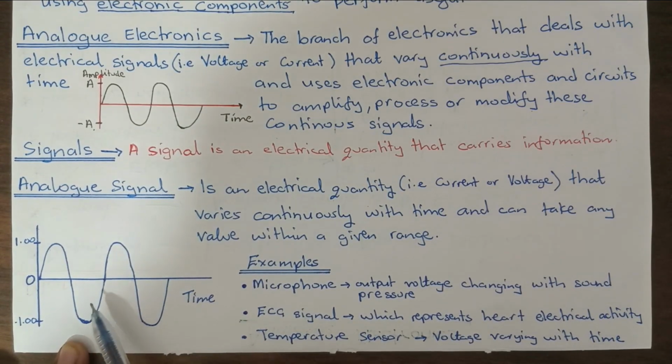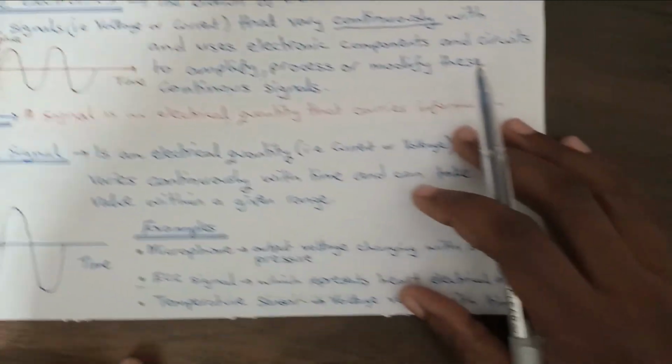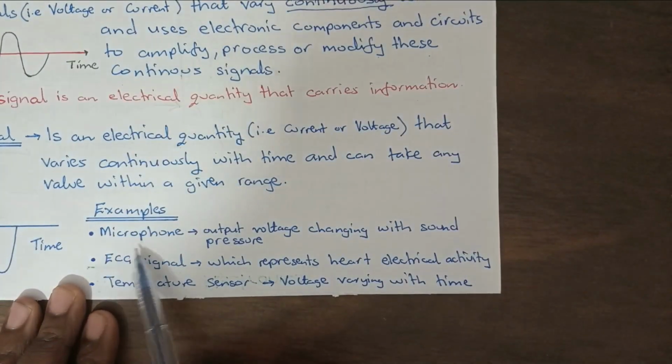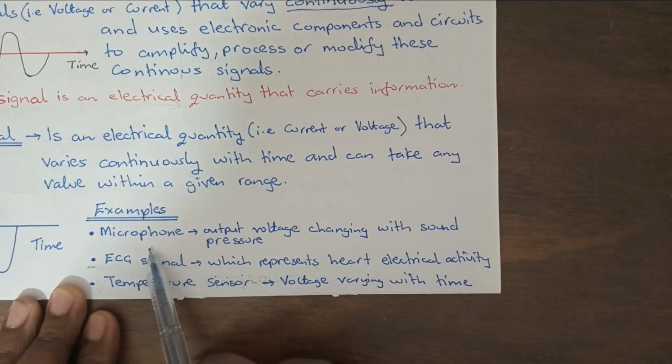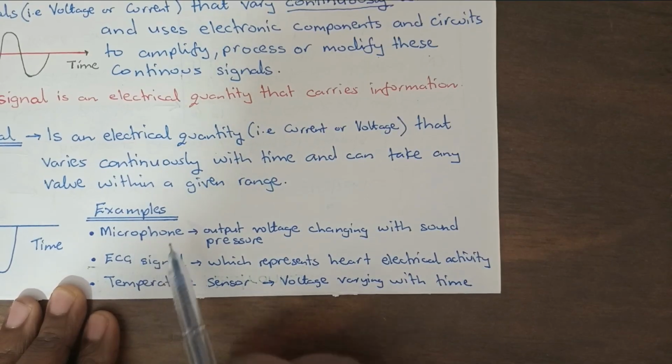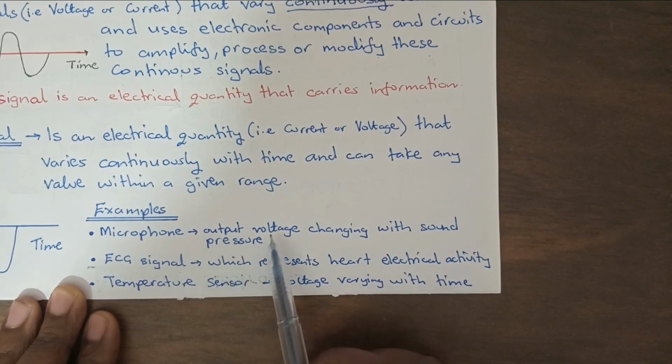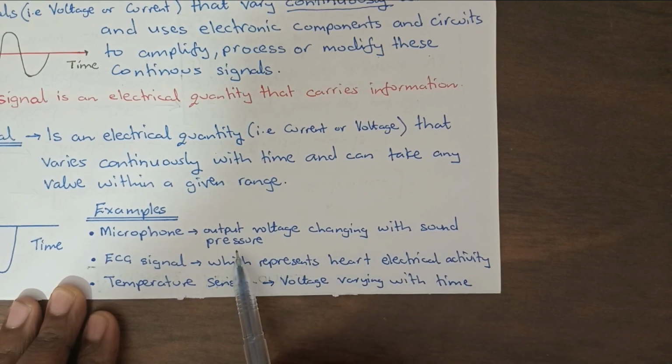What are the examples of analog signals? We have got a microphone. A microphone, let's say a musician is singing, he puts a sound pressure into a microphone. This microphone outputs a voltage which changes with the sound pressure being put by a musician. Again, another signal is an ECG signal.